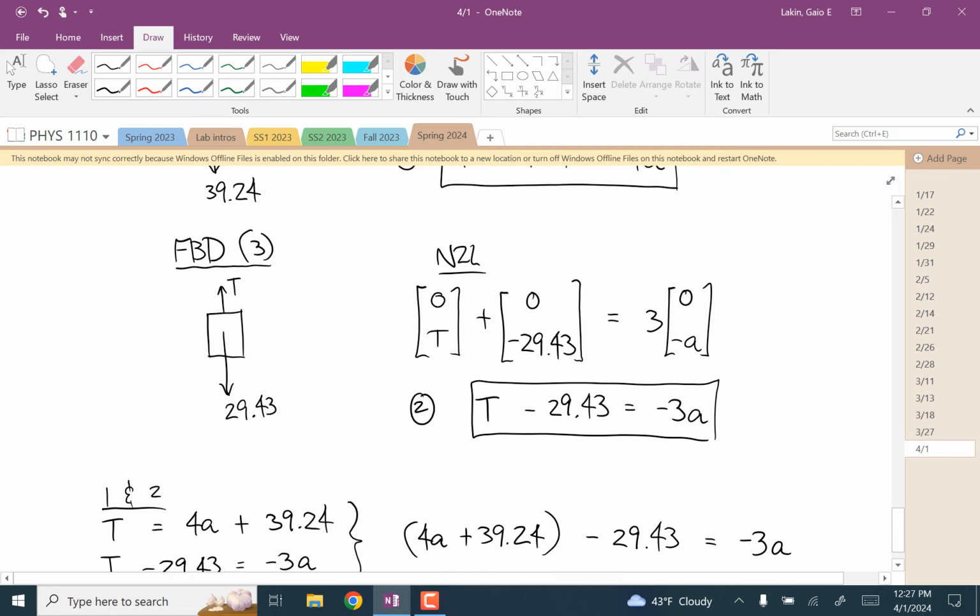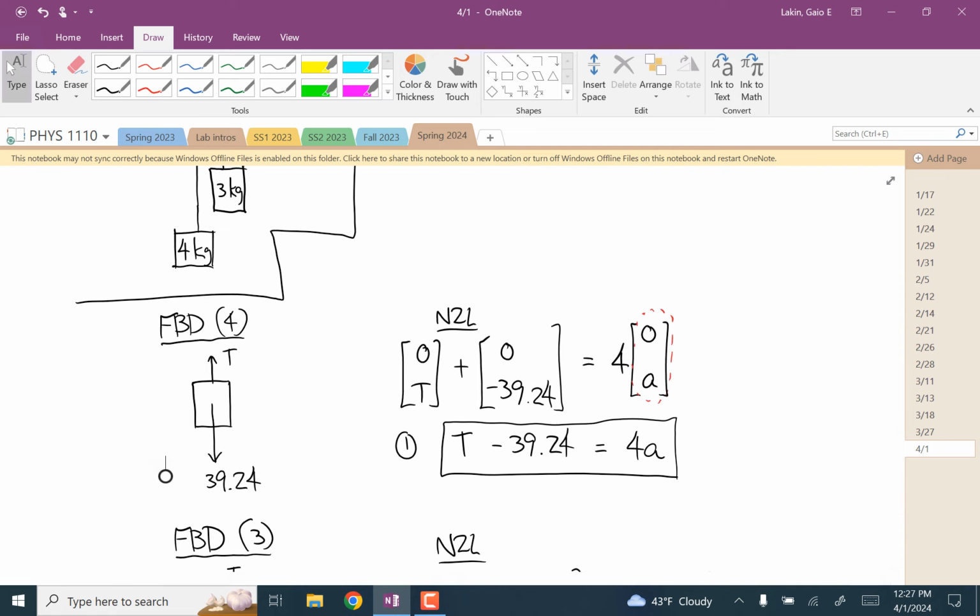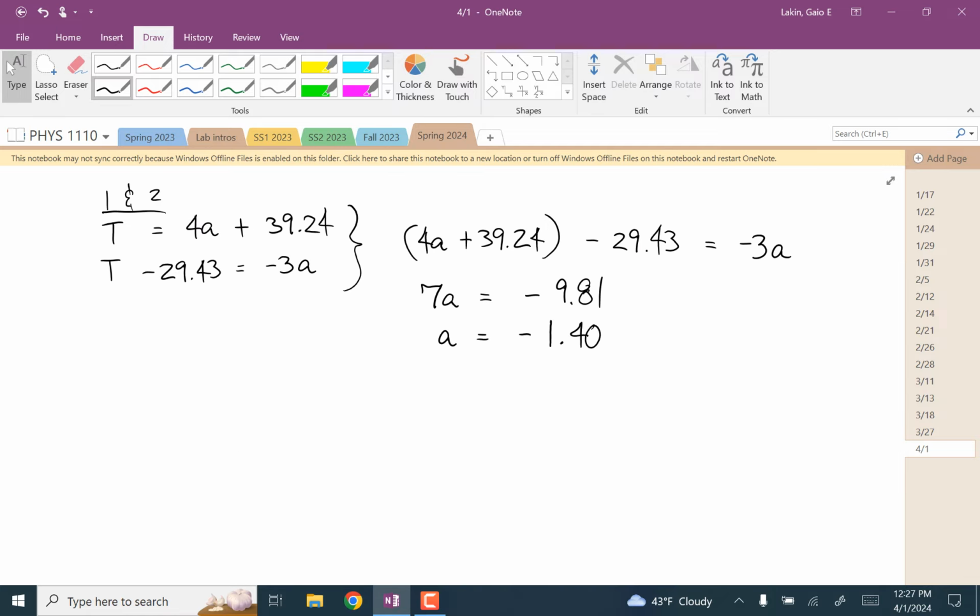Plug negative 1.40 into this circled vector, and you get that the acceleration of the 4 kilogram is 0, negative 1.40 meters per second squared.